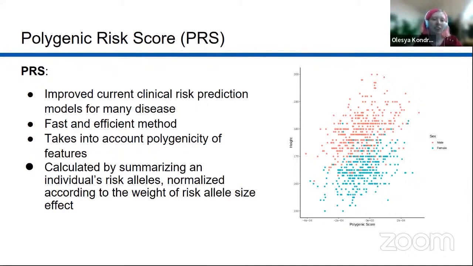The use of polygenic risk score improved many clinical risk prediction models for such diseases as breast cancer, type 1 and 2 diabetes. It is a fast and efficient method and can be used for human sequence data.